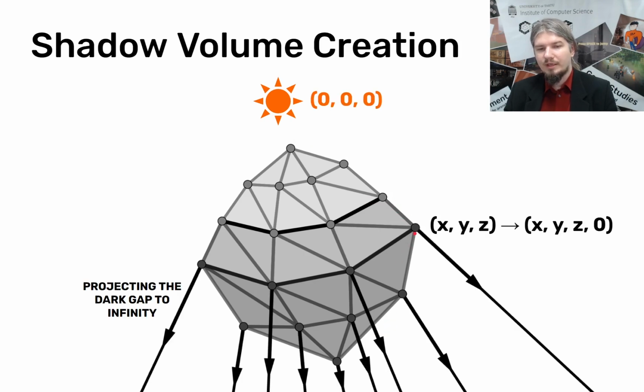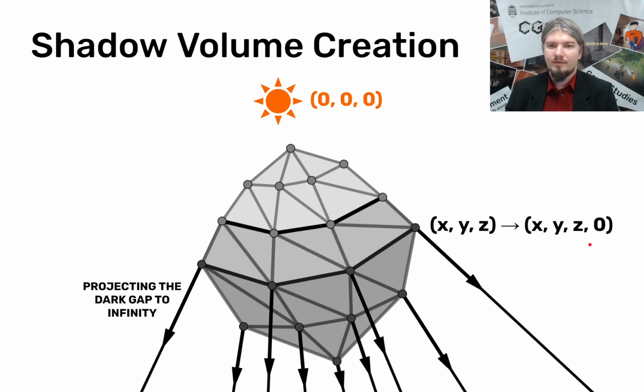And then we project the dark gap side from these corners to infinity. So the sides will become the sides of the shadow volume, and these vertices here will be projected to infinity, forming the shadow volume. To project to infinity, you just put 0 in the 4th homogeneous coordinate of those vertices in the vertex shader.